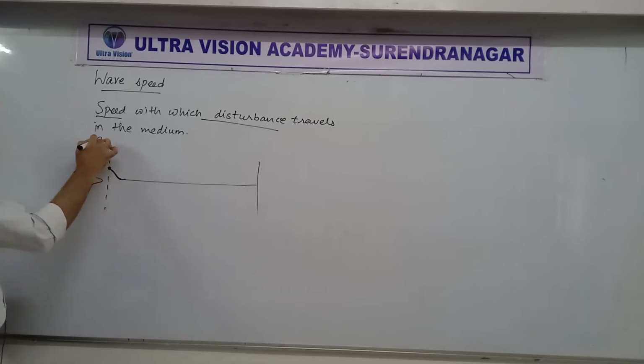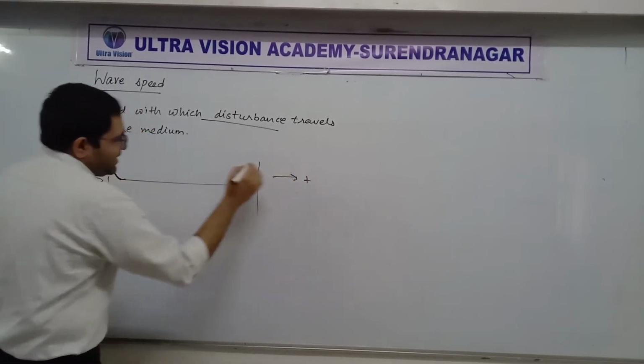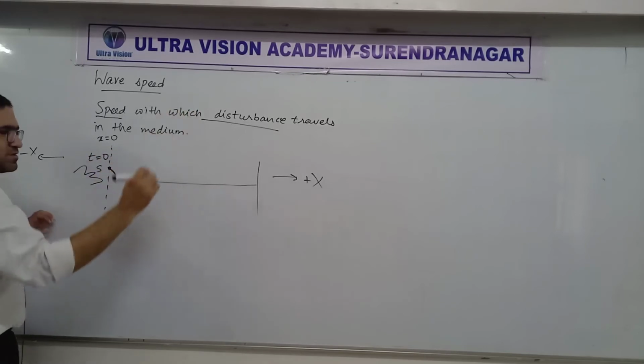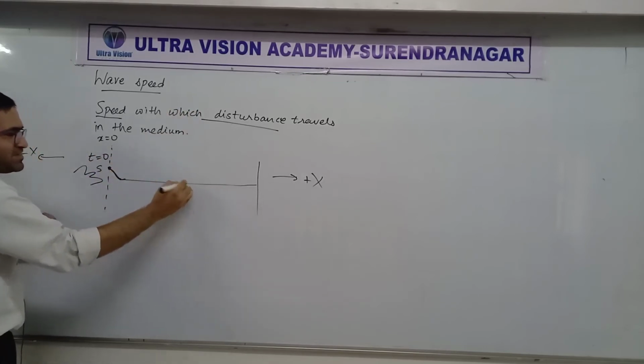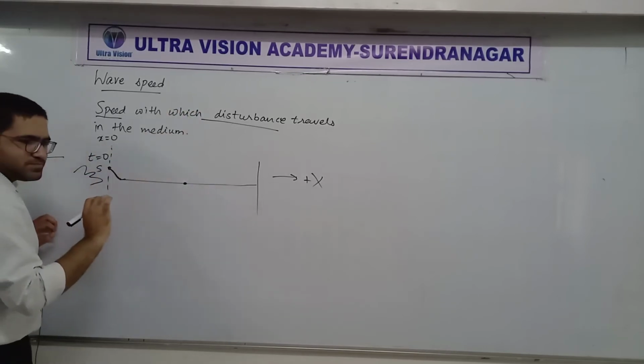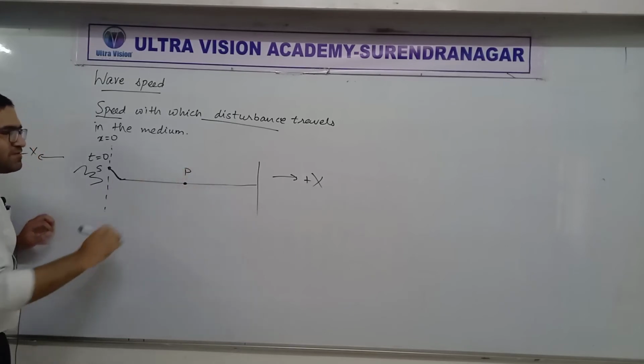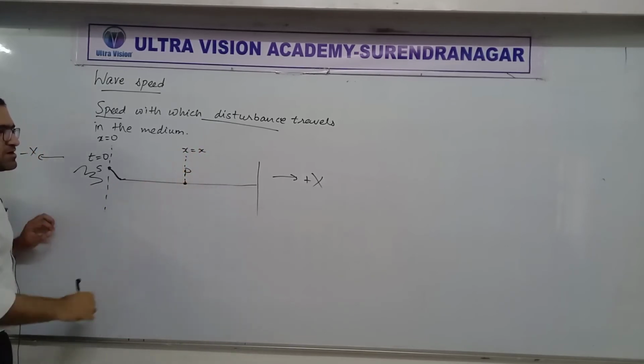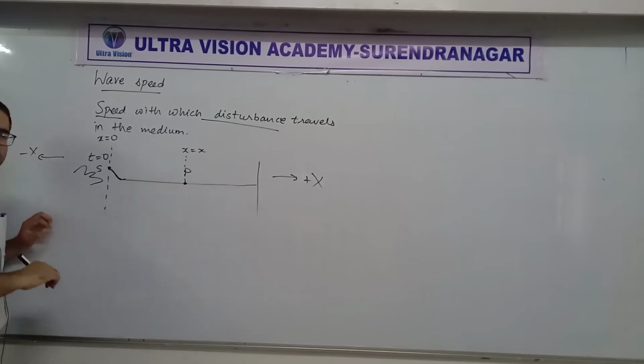Generally we take the source as origin, x equal to 0. Positive x on the right side, negative x on the left side. Suppose you want to know when this particle over here, let's call it P, which is at x coordinate x, will be in the same situation as the source. This particle P is at x equal to x.